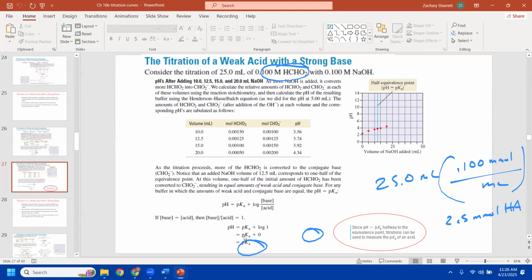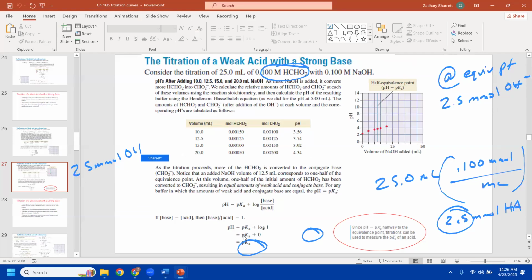At the equivalence point, how many millimoles of OH minus do we need to add, Cade? At equivalence point, we need 2.5 millimoles of OH minus. So to figure out the equivalence point, we do 2.5 millimoles of OH minus. That's how much we need to add, right?